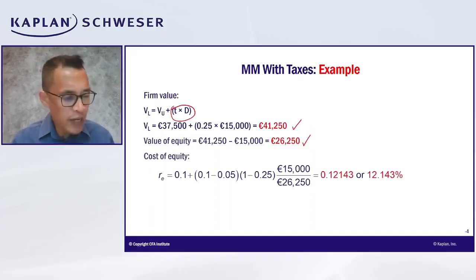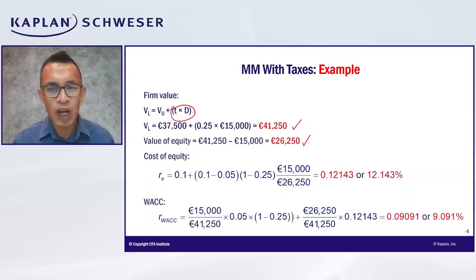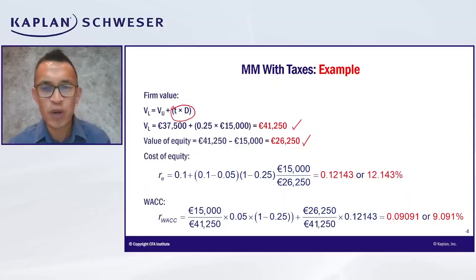So notice that with taxes, the proportion of leverage is different. Okay? You will see here that with no tax, of course, the debt equity ratio is 42.9%.